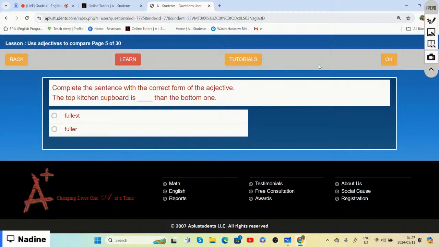The last one, it says the top kitchen cupboard is, do we say it is fullest than the bottom one, or do we say it is fuller than the bottom one?